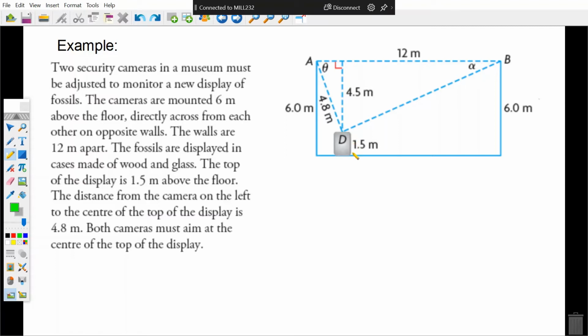That's just the distance from the wall to there. Because if this whole thing is 6 and that's 4.5, this is 1.5. We're not really going to use that. We won't need it.